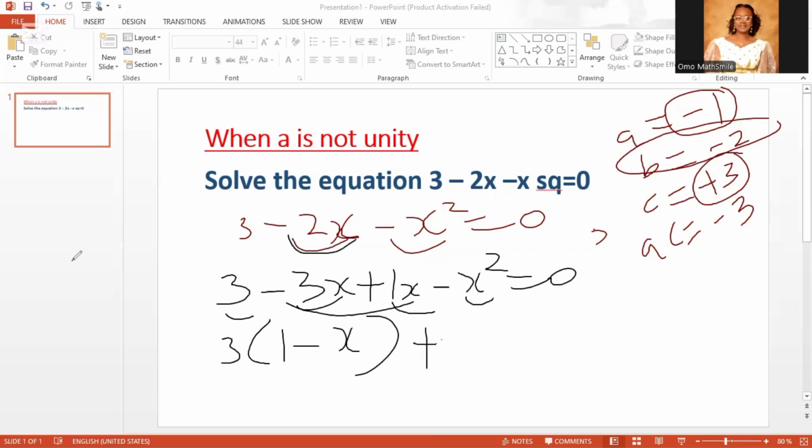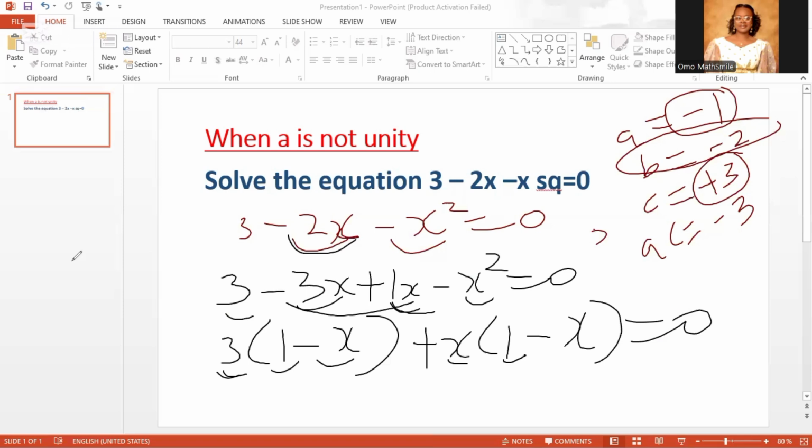That's x. So we've seen here that 3 times 1 gives us 3, 3 times minus x gives us minus 3x, x times 1 gives us 1x, and x times minus x gives us minus x squared.